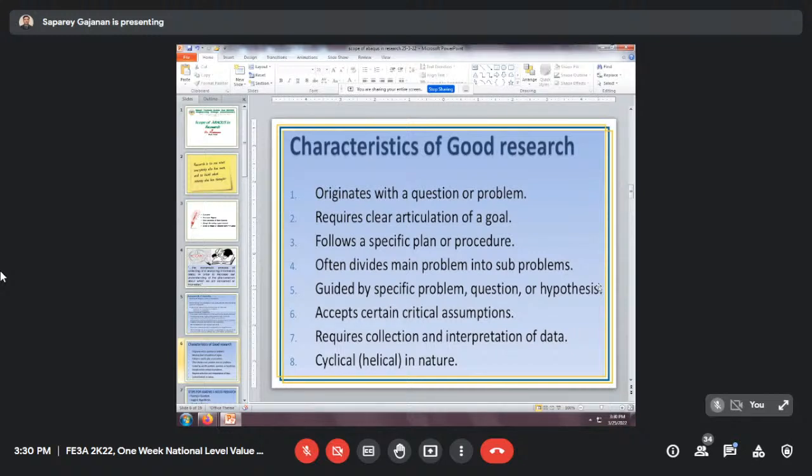And often divide the main problem into sub-problems. Remember, always try to make some modules. Division and integrating are the two things that should be done properly in research work. Division means dividing into different modules, which you can work on independently.